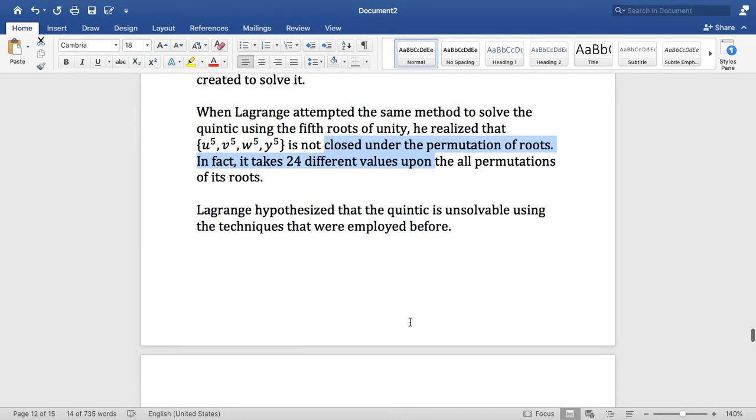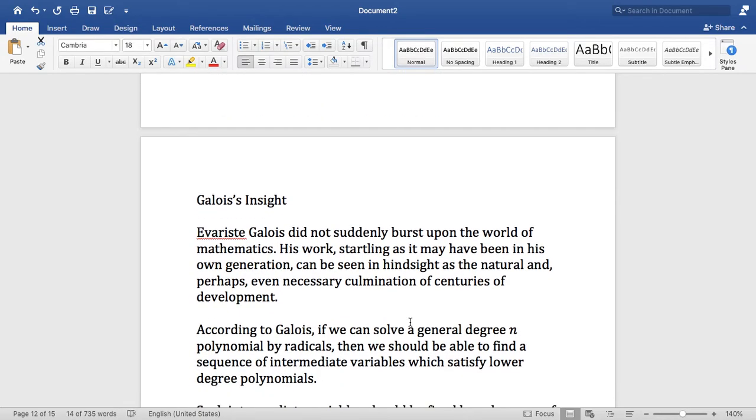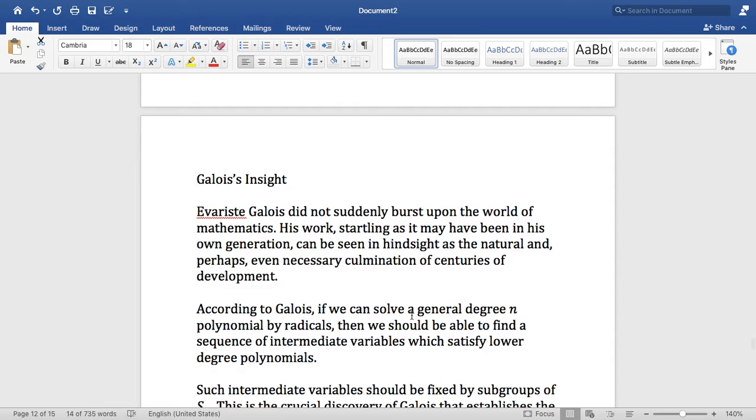So then Lagrange hypothesized that the quintic is not solvable using the techniques that were employed before. But just because it's not solvable using that technique doesn't mean it's not solvable in general. Abel and Ruffini proved that it's not solvable.